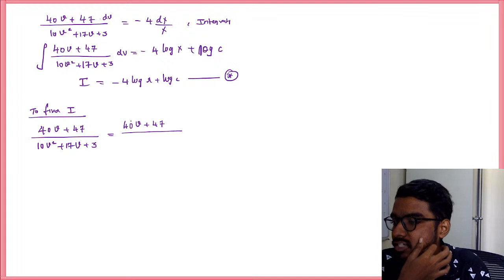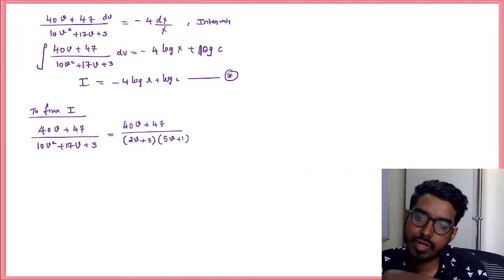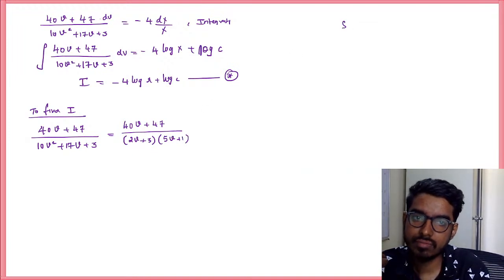So just do partial fractions. First factorize 10v square plus 17v plus 3. If you do factorization, you will have (2v plus 3) into (5v plus 1). Very elementary, right? The sum is 17, the product is 30.